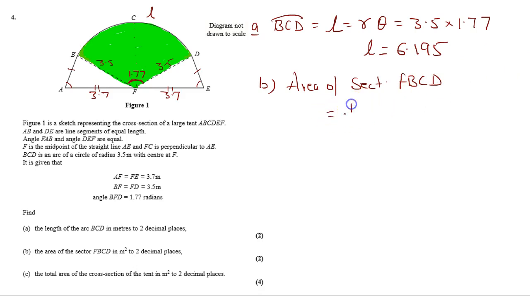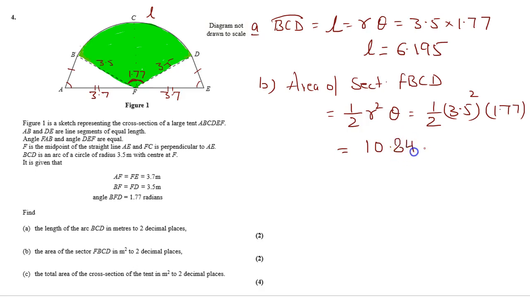We know that area is half r square theta, so that is half 3.5 square, and theta is 1.77. So that will be equal to 10.84 meters.